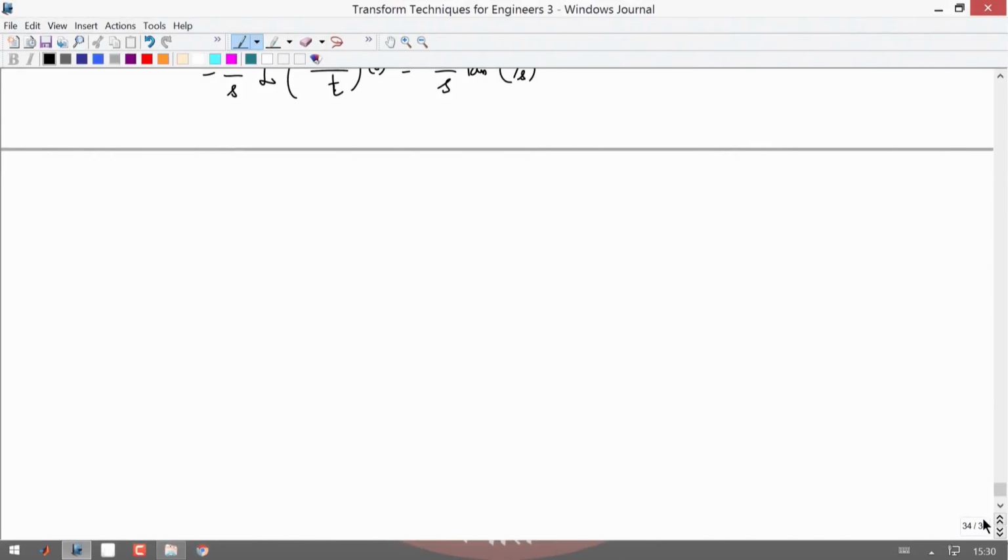And then the more general way is, there is also one more technique. Let me explain what it is. So, there is another way that is called the Heaviside expansion theorem.